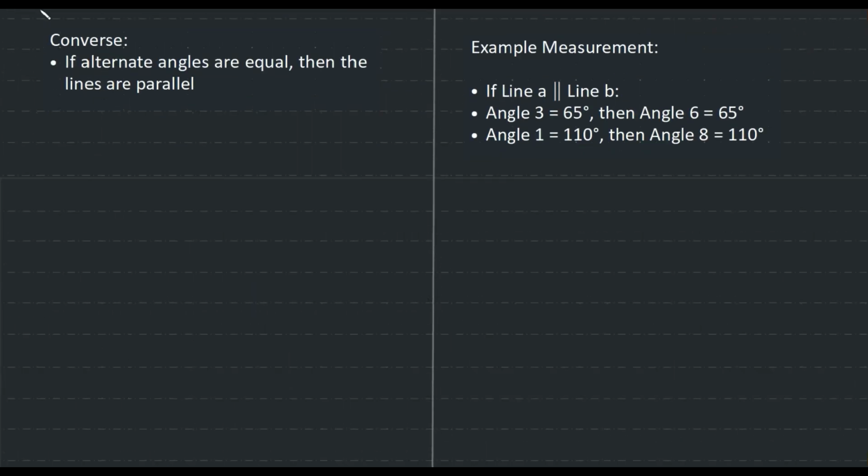Okay, converse. What does converse mean? It's kind of the opposite of whatever we just studied. If the alternate angles are equal, then the lines are parallel.